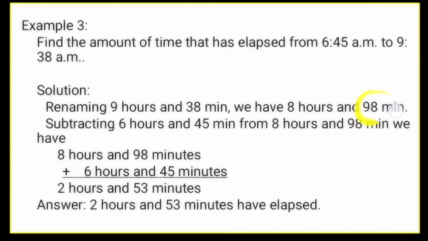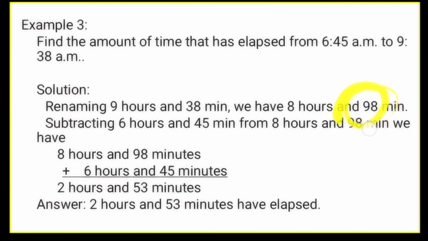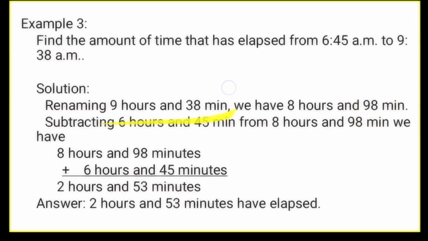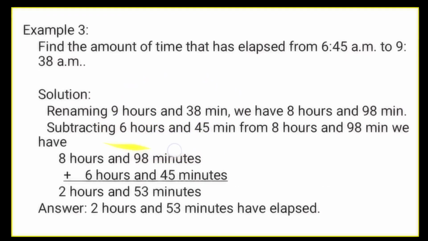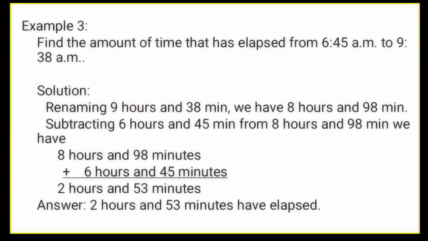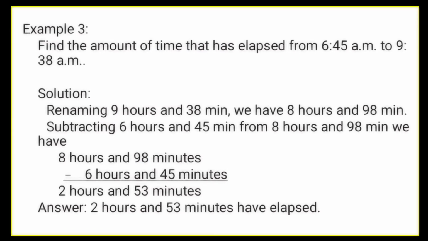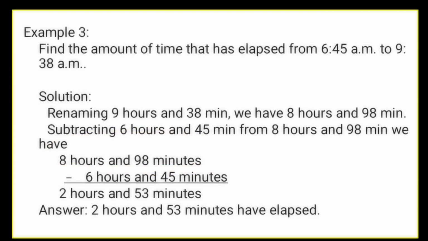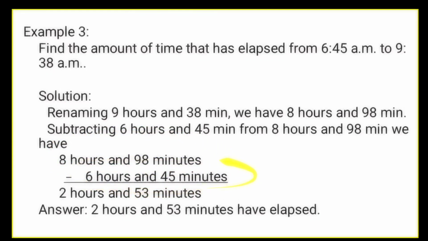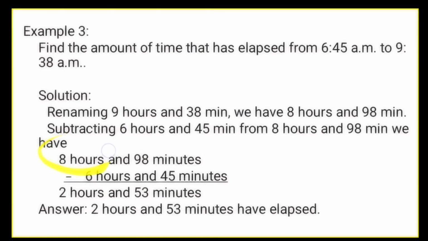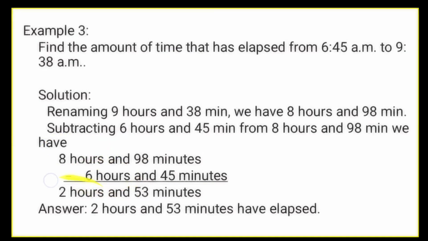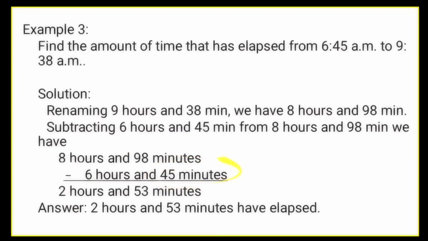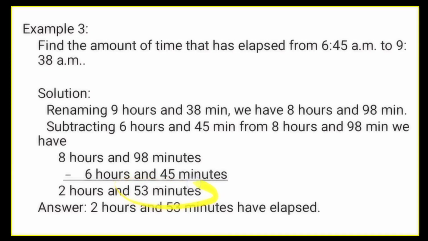So 98. Why 98? If we subtract 60 minutes here, we will add 1 here, that is 9:38. Same as this one. Subtract that from 6 hours and 45 minutes. Now let's simplify. 8 hours and 98 minutes minus 6 hours and 45 minutes. 8 hours minus 6 hours is 2 hours. 98 minutes minus 45 minutes is 53 minutes.